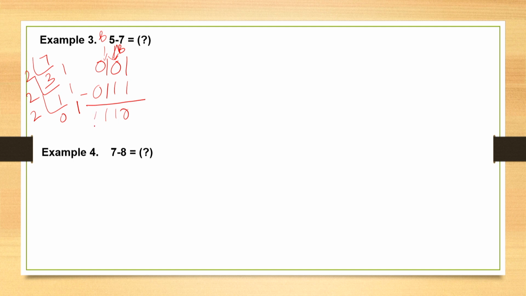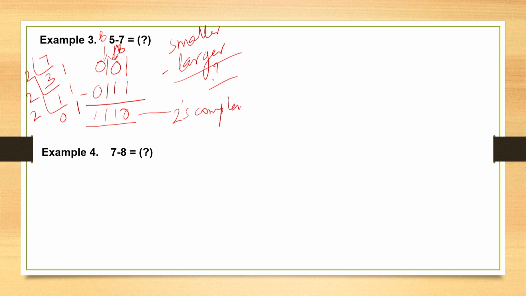So this becomes 1 1 0. Now since you are subtracting a larger value from the smaller one, this is the case. So in this case you have to take the 2's complement of the result.